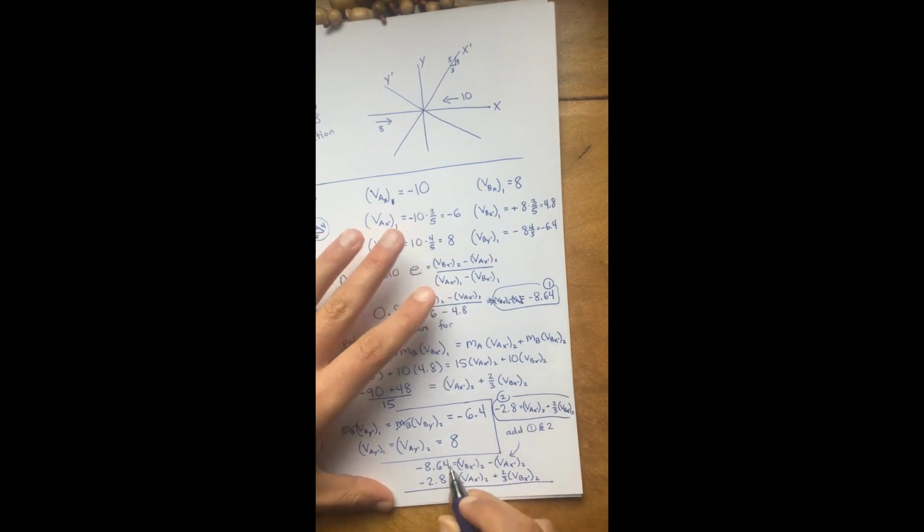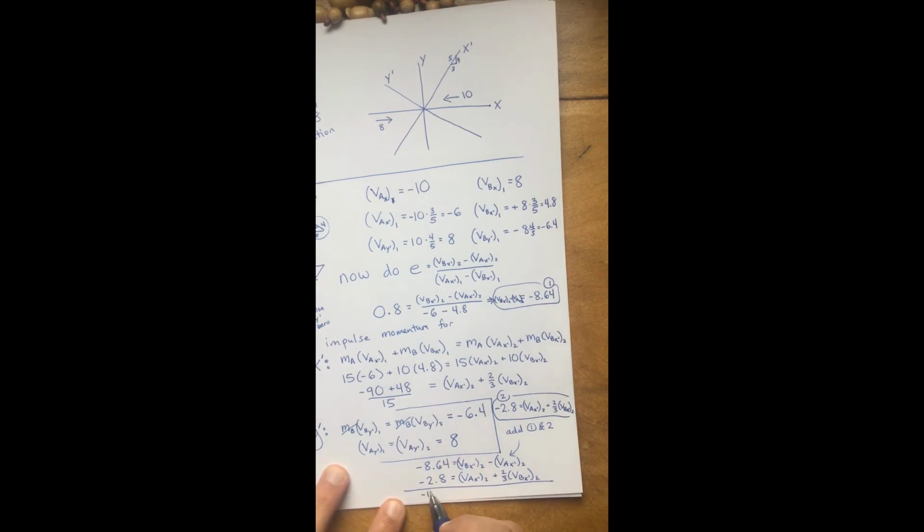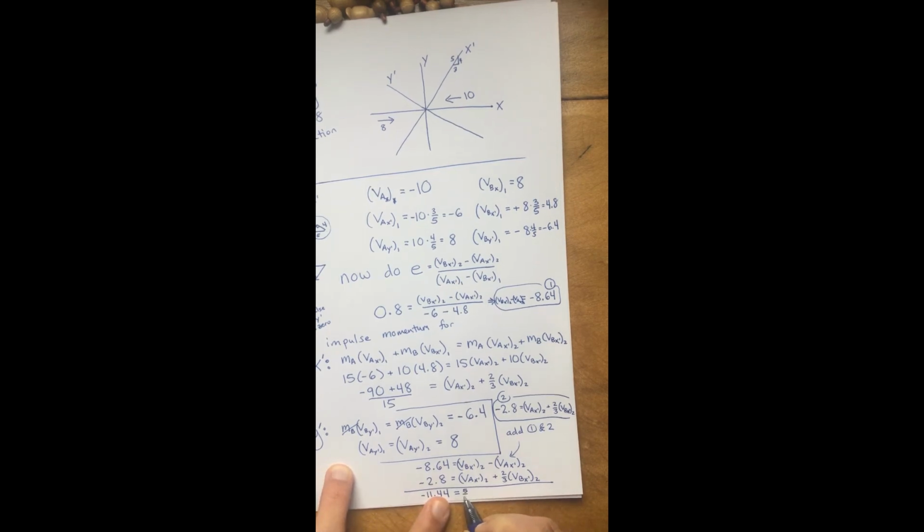If I add those together, I have negative 8.64 minus 2.8, which gives me negative 11.44. Then the VA x prime 2 minus VA x prime 2 gives me 0. And I have 1 VB x prime 2 plus 2/3 VB x prime 2. That gives me 5/3 VB x prime 2.